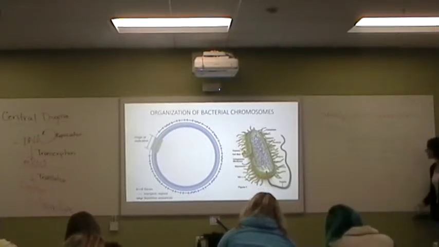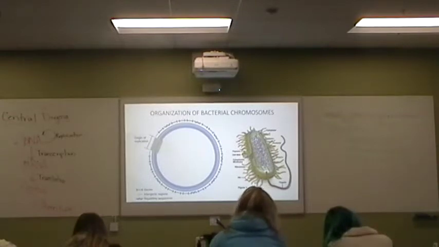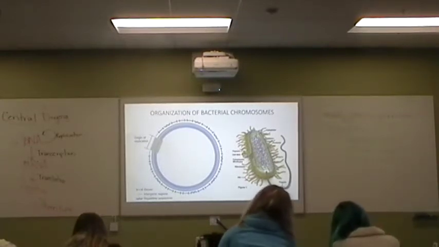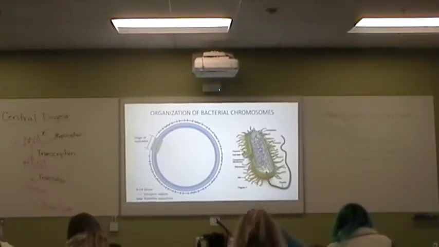So in a bacterial cell, they have fewer chromosomes, their chromosomes are shorter, they still have a lot of genes within that chromosome, which simply means that they don't have a lot of non-gene coding sequence.